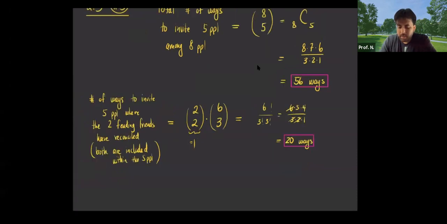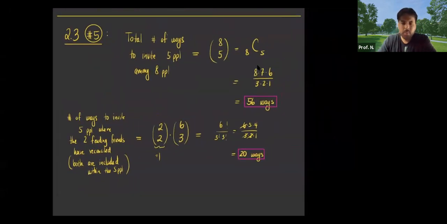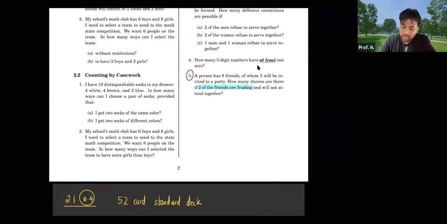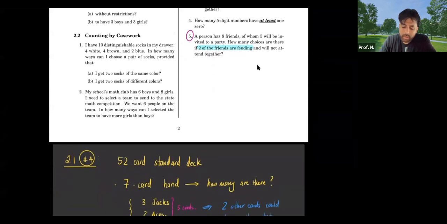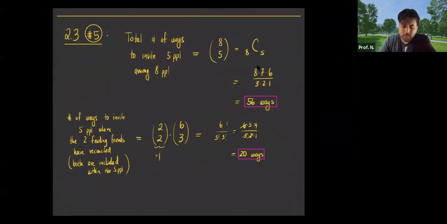Now, one more scenario we have to consider, right? Because we want to figure out, again, what do we want to figure out? How many ways are there if the 2 friends are feuding? So is this enough? If I were to do 56 minus 20, I get 36.